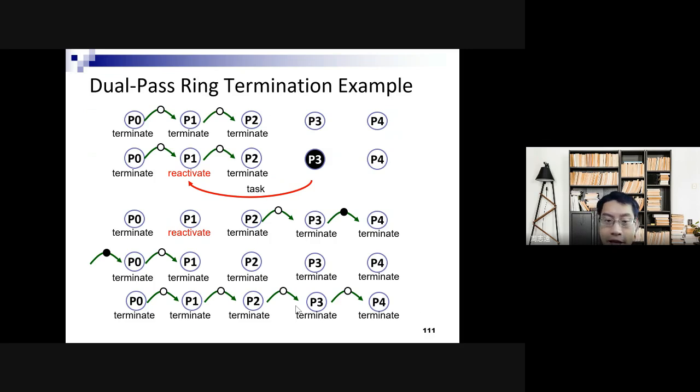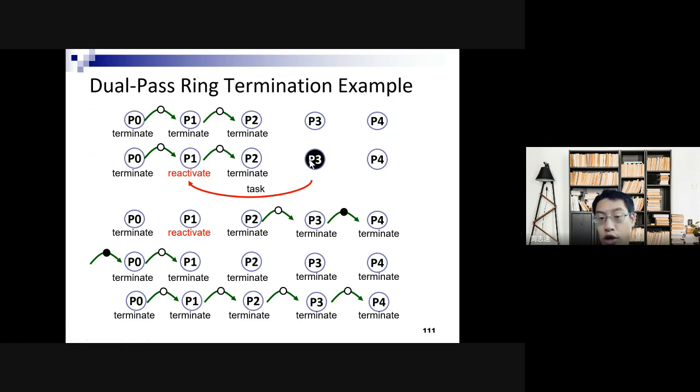As you can see here, the reactivation happened because P1 already sent the token to P2, then P3. After that, P3 sent a message to P1. So this is a reactivation. We have to make sure P0 is notified that a reactivation occurred, and it will be notified by P3, because in the worst case he will notify P0.